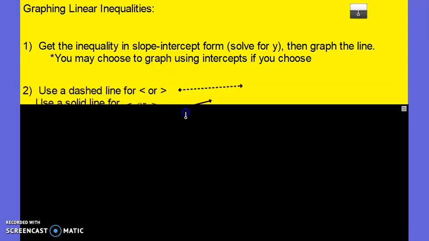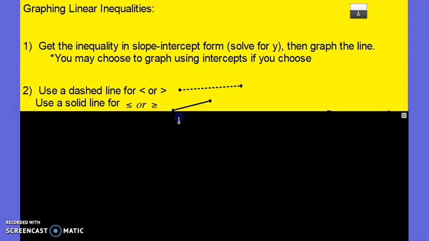Once we've done that, then we're going to decide what kind of line we want to make, whether it be a dashed line or a solid line. Remember, much like doing inequalities on number lines, we have to have sort of a stopping point. And we always had to decide between an open circle, which meant the point on the circle didn't count, it's just where our line stopped, or a solid circle, which meant the point was included.